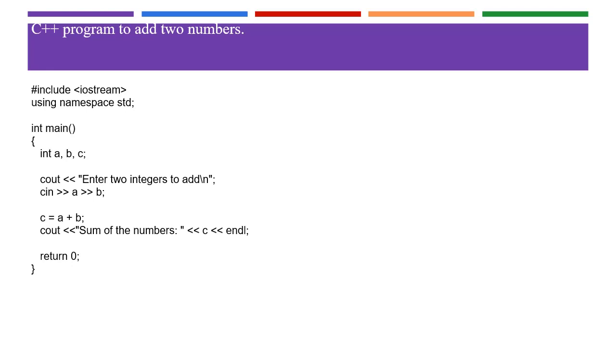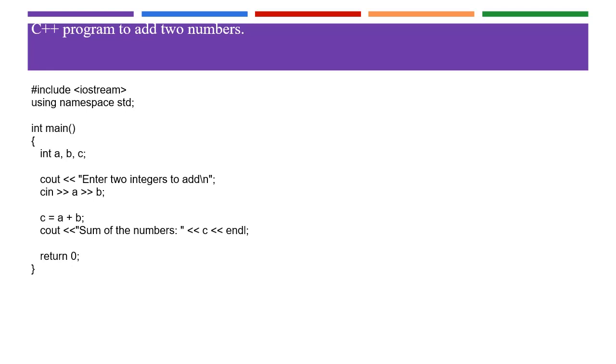In the main function, I am defining three variables, a, b and c, of integer data type. With the help of cout, whatever I have written will be printed on my output screen. The syntax for cout is cout, then whatever you have to print, you write in double quotes, same as we do with printf.